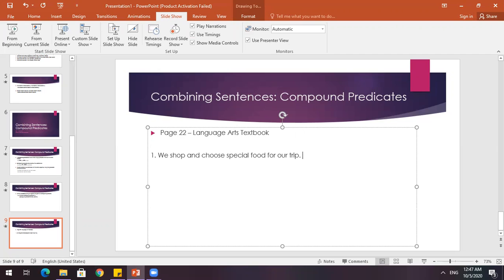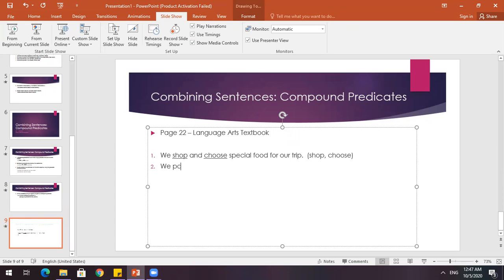In this sentence, what is our compound predicate? We have the simple predicates shop and choose, right? So shop, choose, this is our compound predicate.